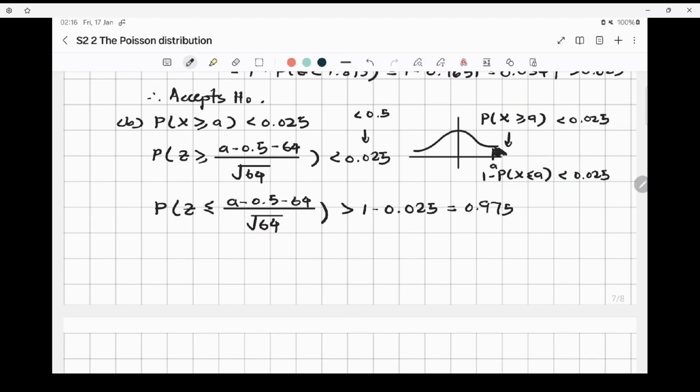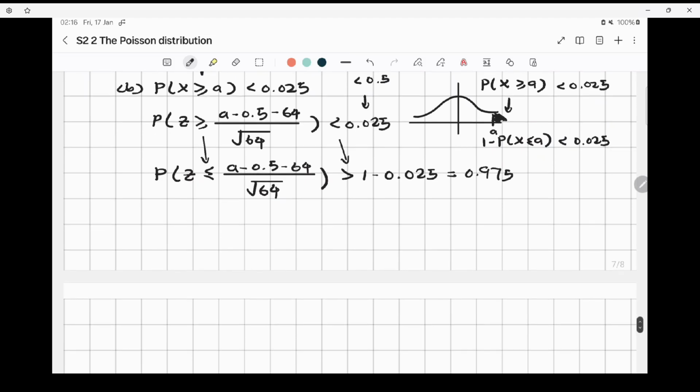So you move the 1 to the right hand side and then cancel off the minus sign. So notice that the direction of your inequality has changed. This sign has changed. And finally you have 1 minus 0.025 on the right side. Okay? So now you can find out for this particular probability what is your z-score.